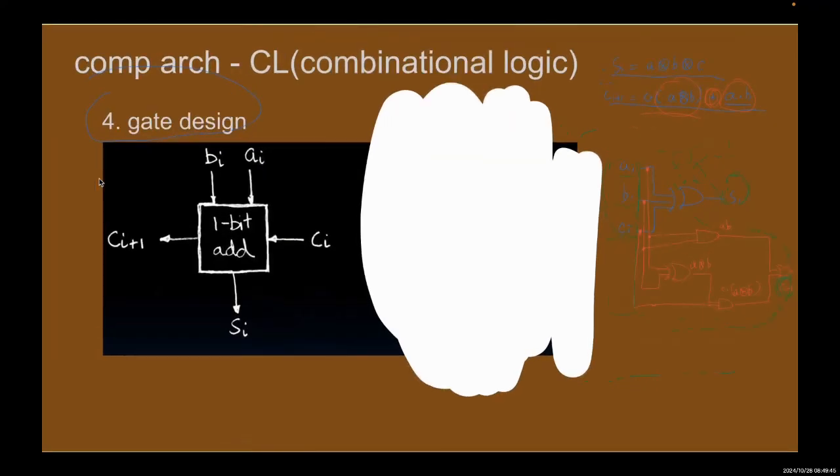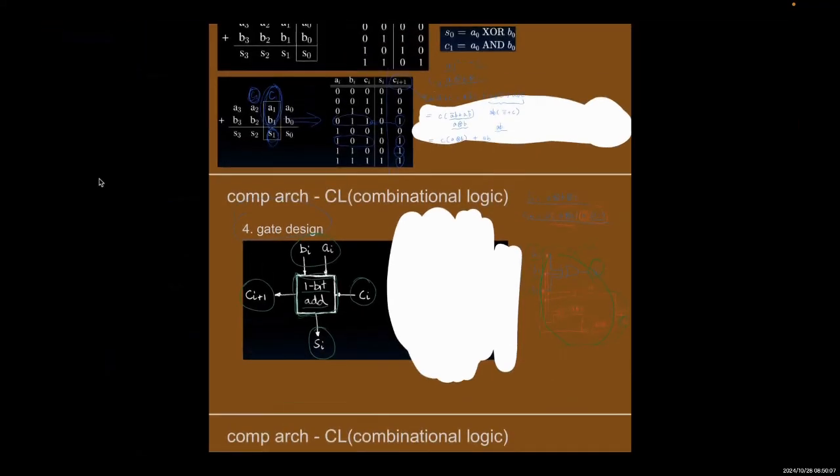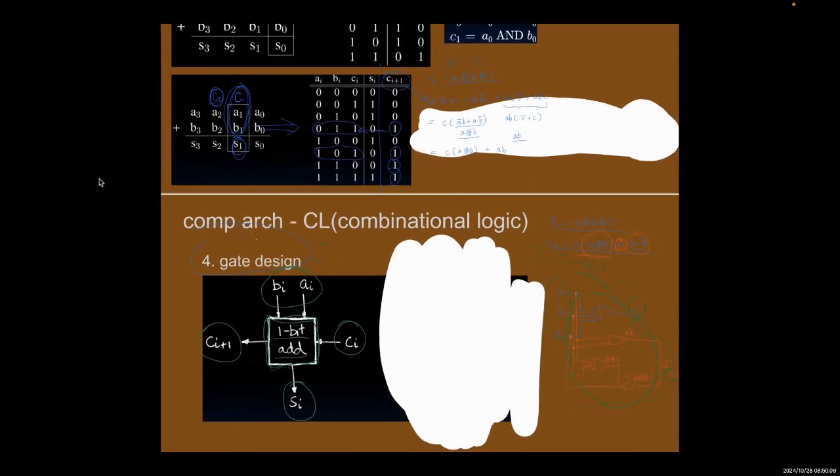So this is a combinational logic. This is the black box, and inside it's like this. So A, B, C are the 3 inputs and there are 2 outputs. So this is a 1-bit adder. Is that clear? Yeah. Okay, cool. So that's how we get from a truth table to the real gates.